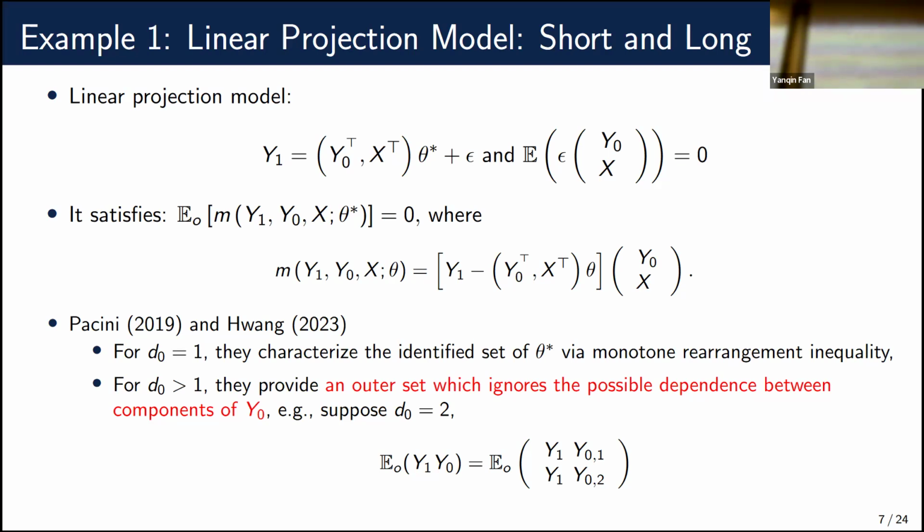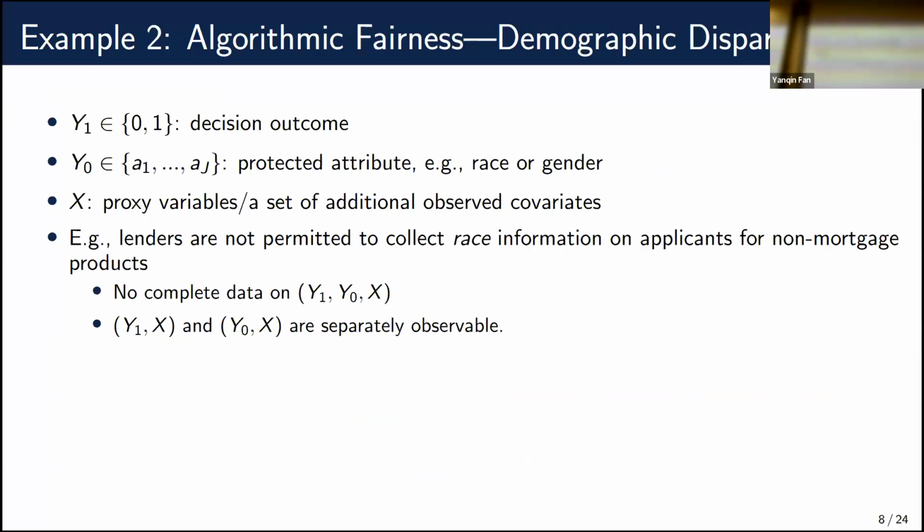So this is why existing work, in fact, provides an outer set when the dimension of Y0 is larger than 1. And with respect to this example, our contribution is that we provide the identified set for any d0. So effectively, we make use of all the information on Y0. This is a simple standard econometrics example.